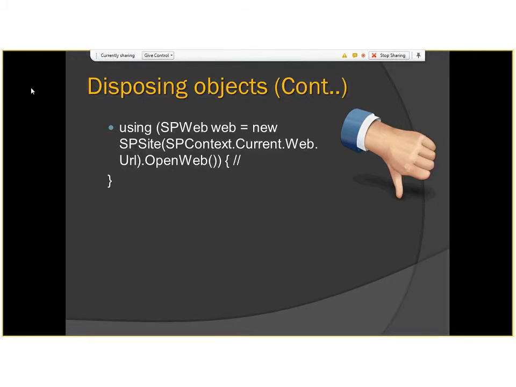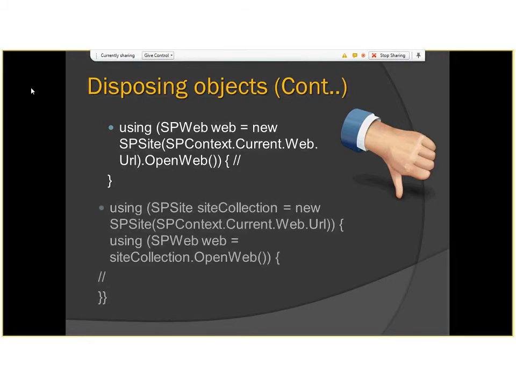To avoid this, you can use the following logic, that's using SPSite collection is equal to new SPSite, SPContext.Current.Web.Url, and after that you can use another using, and you can invoke the web object within this using scope.